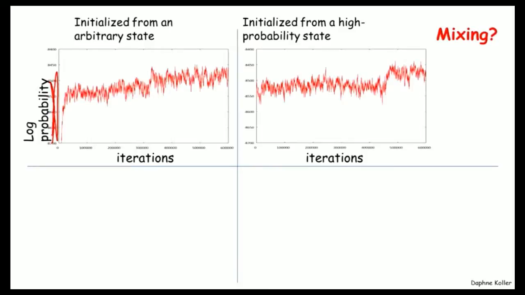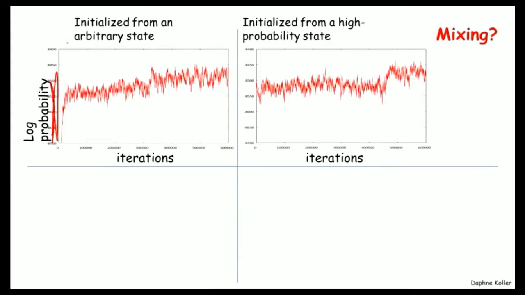Now you can't always compute the log probability directly. You might compute an unnormalized log probability, as we'll talk about later. But basically, you compute the log probability or some constant factor thereof, and now you can compare two runs.